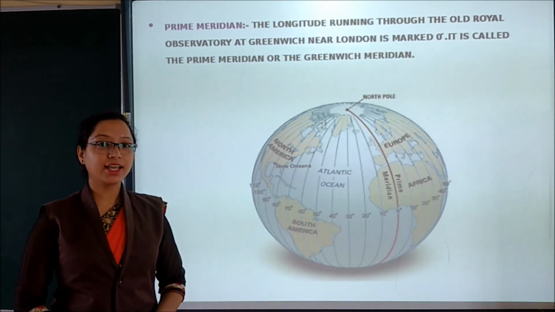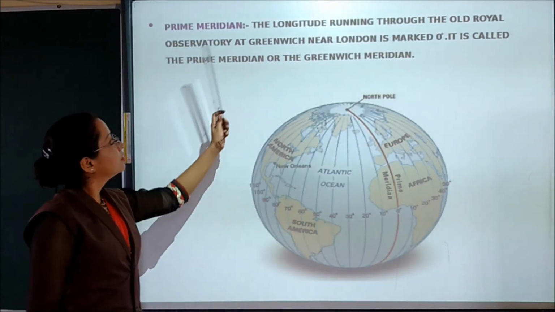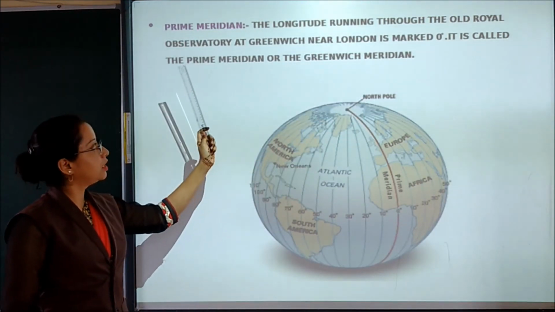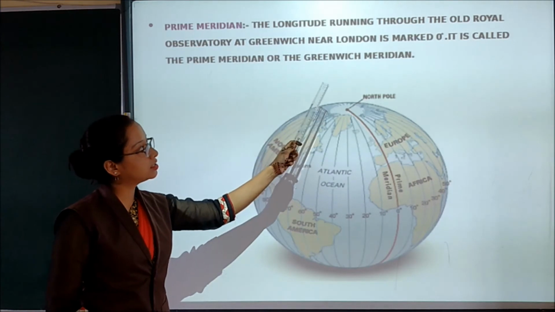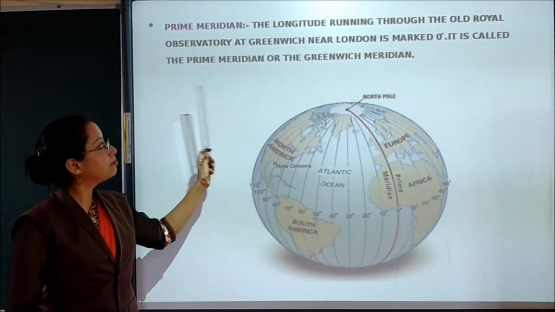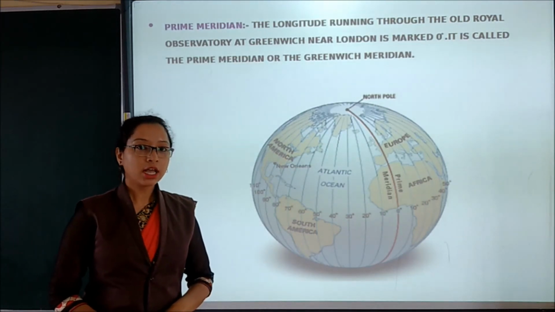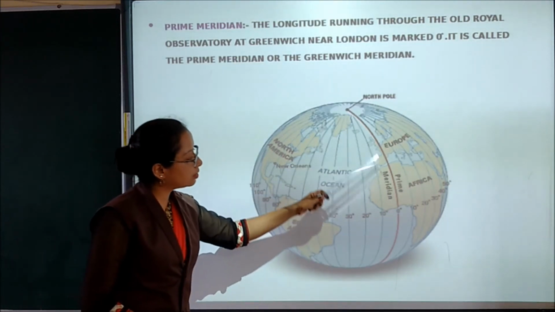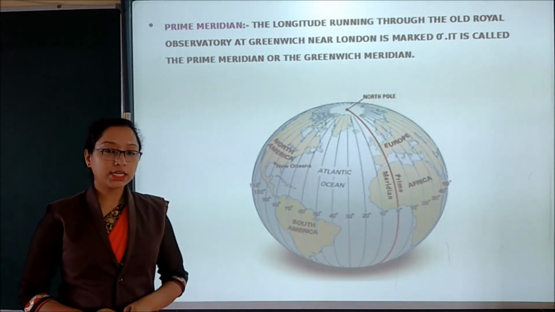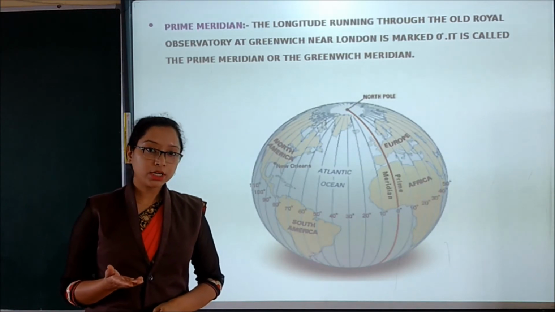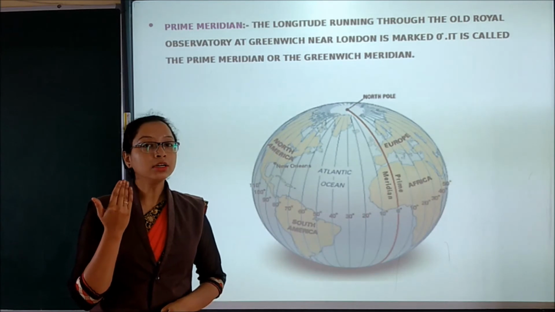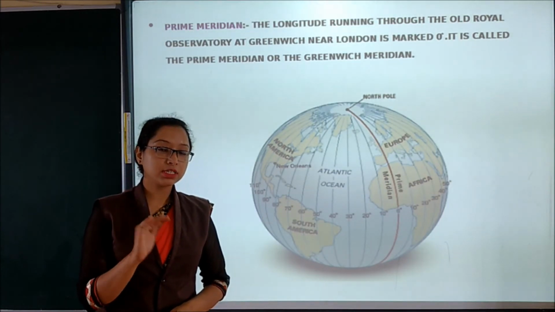Next, children, we will see the prime meridian. The longitude running through the Old Royal Observatory at Greenwich near London is marked 0 degree and it is called the prime meridian or the Greenwich meridian. So here you can see the prime meridian is there. So where is it located? It is located at the Old Royal Observatory, and the Old Royal Observatory is at Greenwich, and Greenwich is in London.